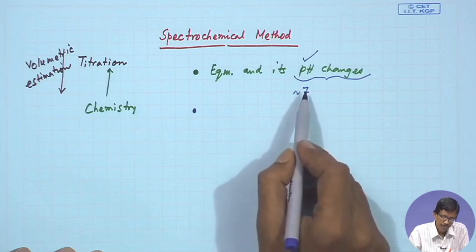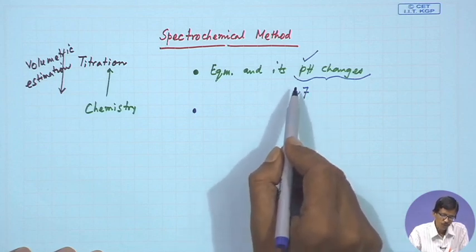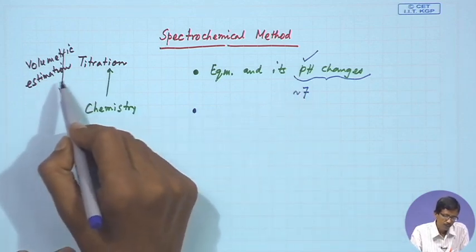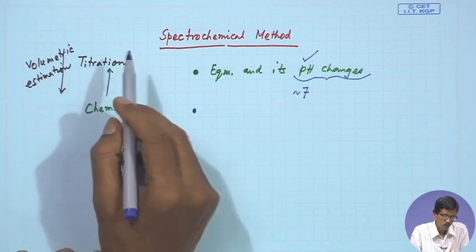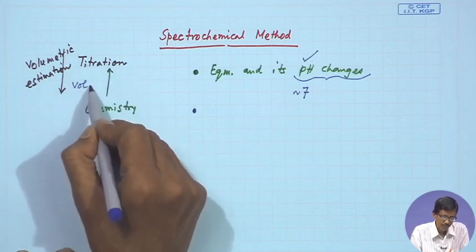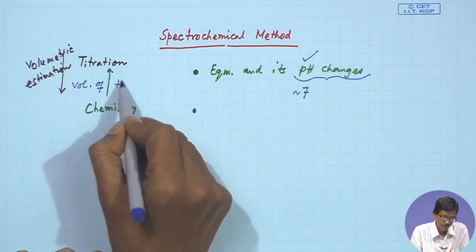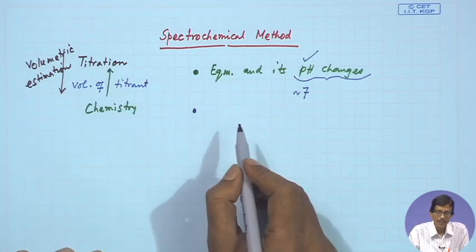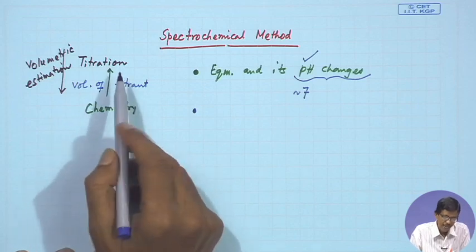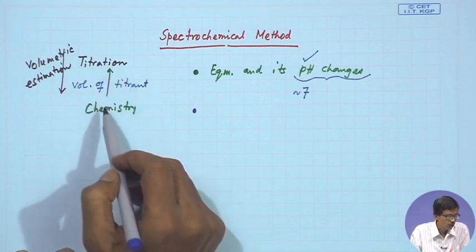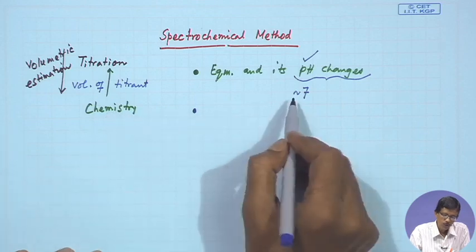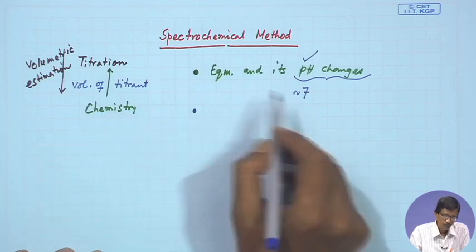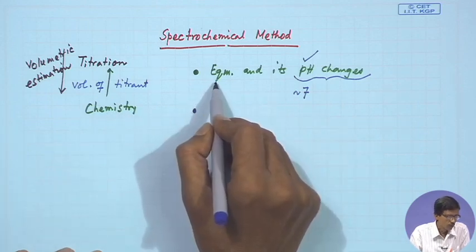So, if we get this titration and see this volumetric estimation, so some volume of our titrant we are adding, and during this addition of the titrant your pH is changing involving some of these equilibria.